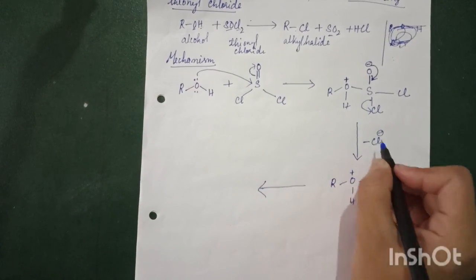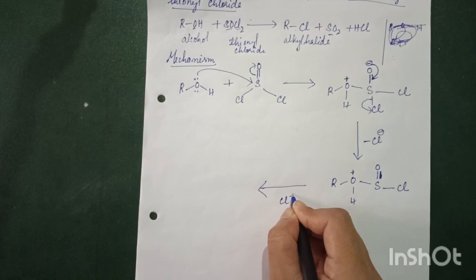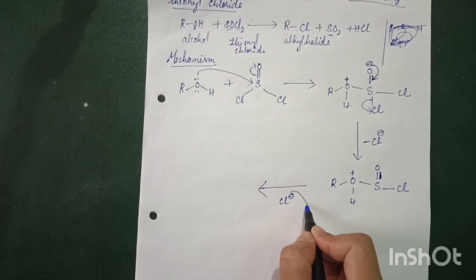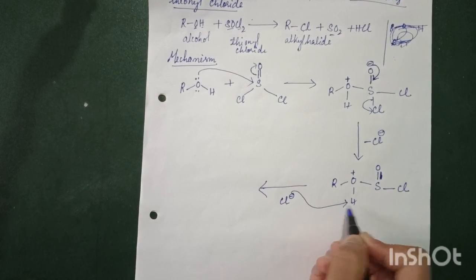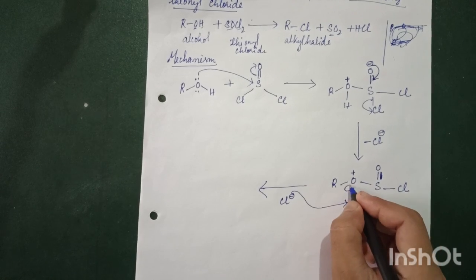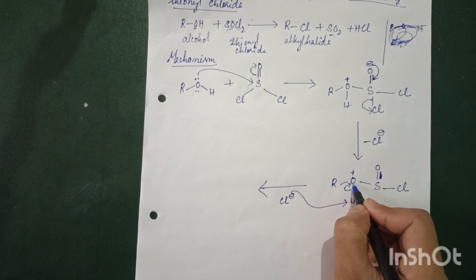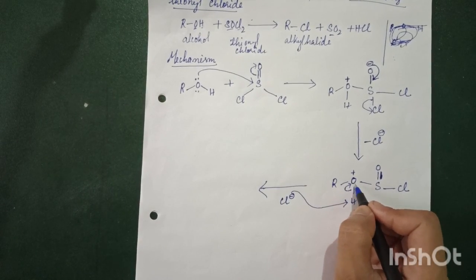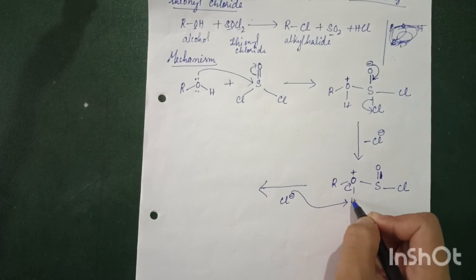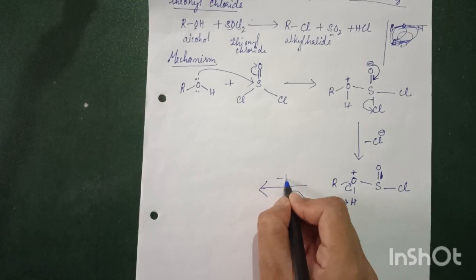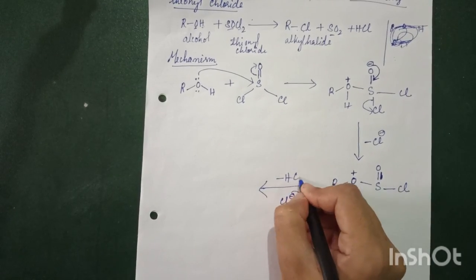Now see, this Cl minus, being a nucleophile, will try to take the proton, and this bond will shift, as oxygen is very unstable because of the positive charge and will always try to remove this proton. So this H and Cl become HCl.